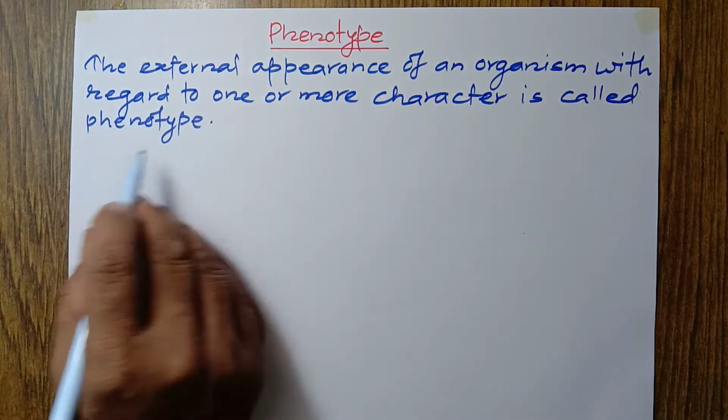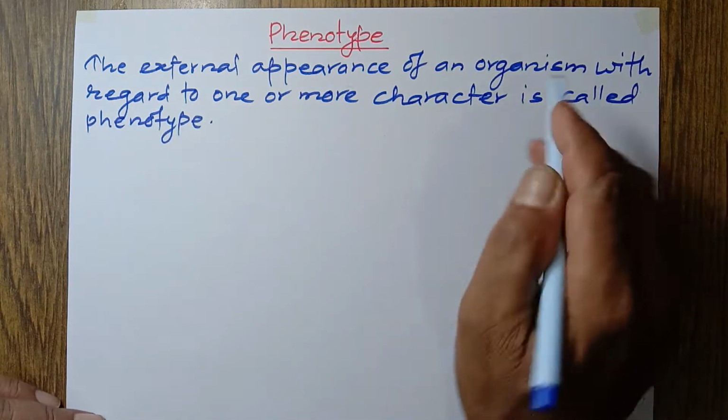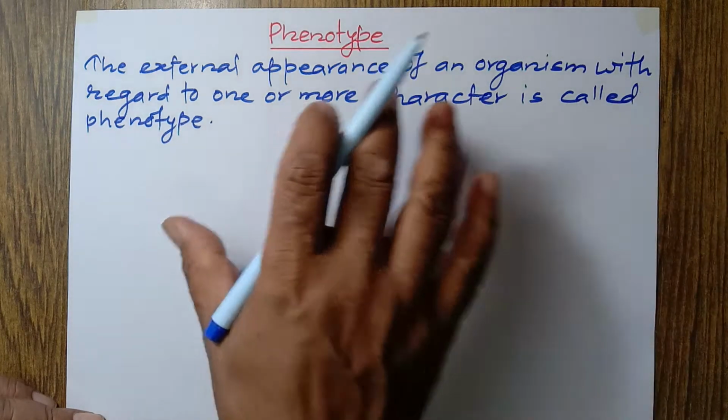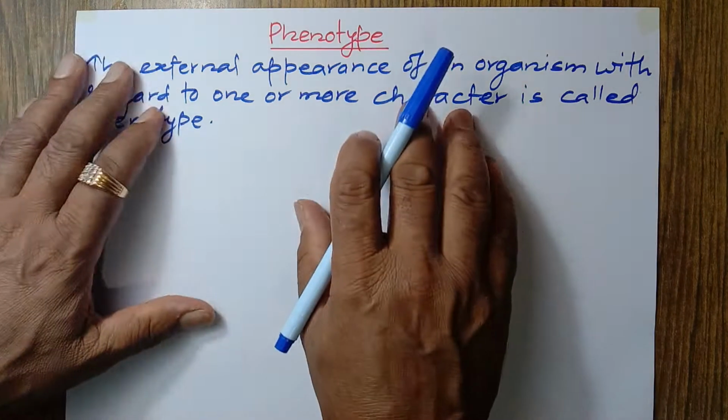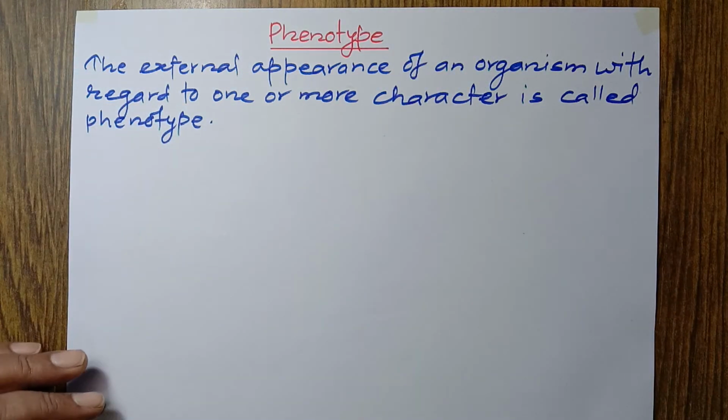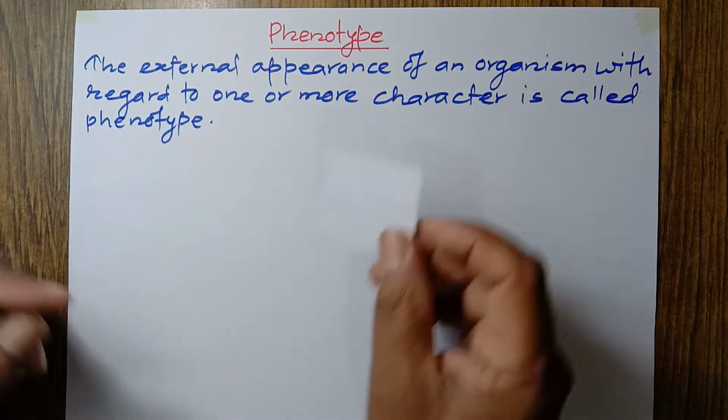This word phenotype is related to the organism and its external appearance. But before this, I want to tell you something more so you can understand in a little more detail. Look at this.